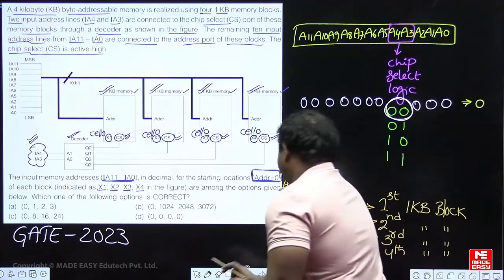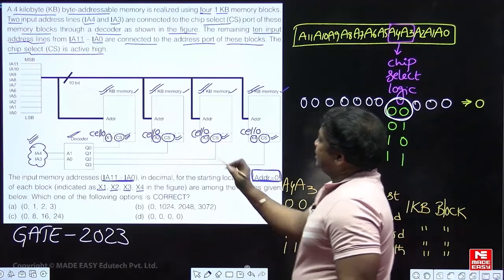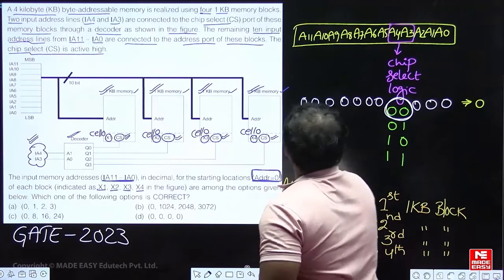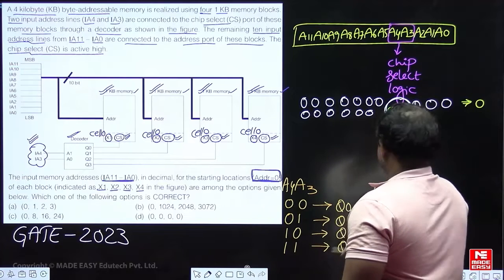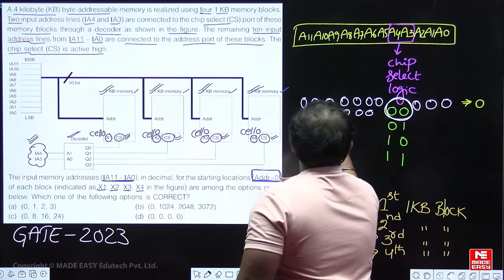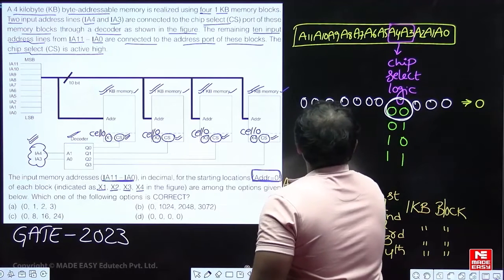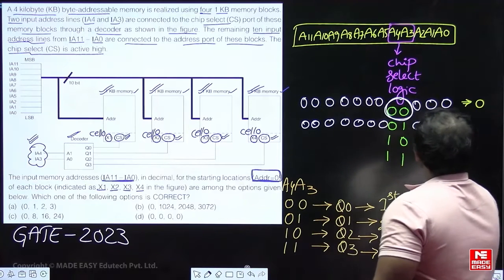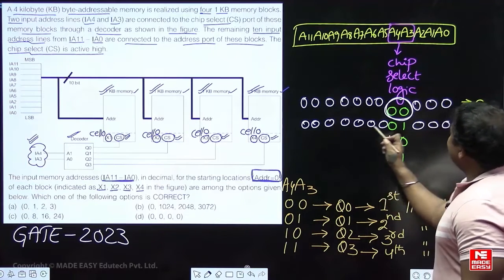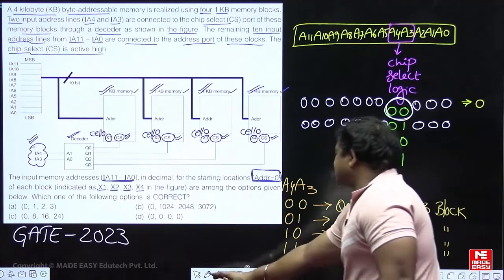Alright. Next, starting address in the second block. 0, 0, 0, 0, 0, 0, 0. Next 0, 0, 0. What is the decimal value? Question is expecting the decimal value.